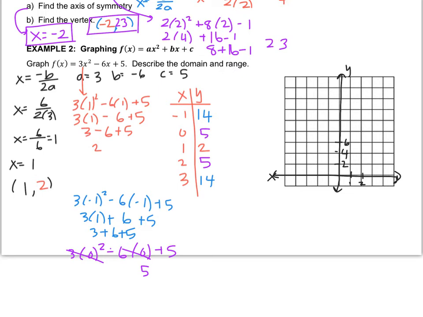Okay, so -1, 14 is right up here. 0, 5 is right in the middle. 1, 2, 2, 5, and 3, 14. Draw your curve. And let's write f of x next to it.